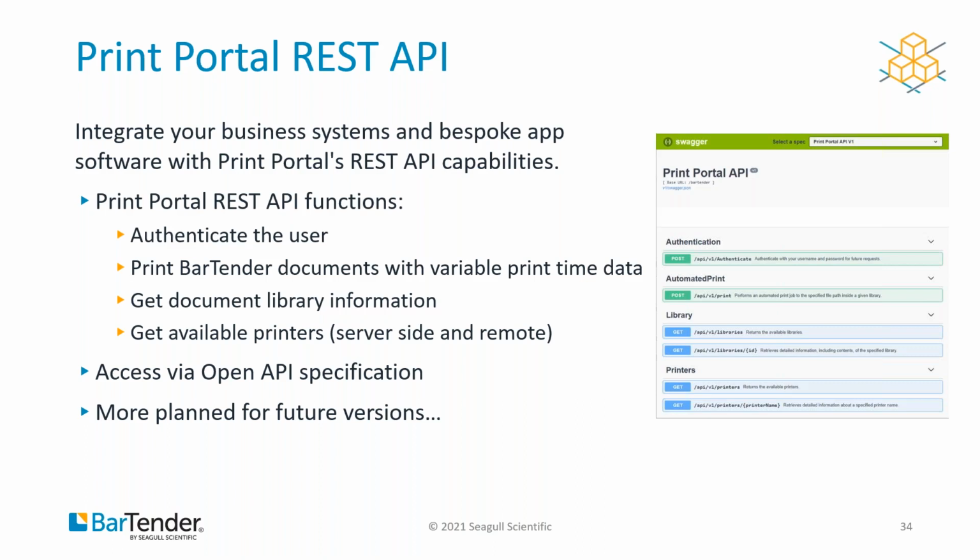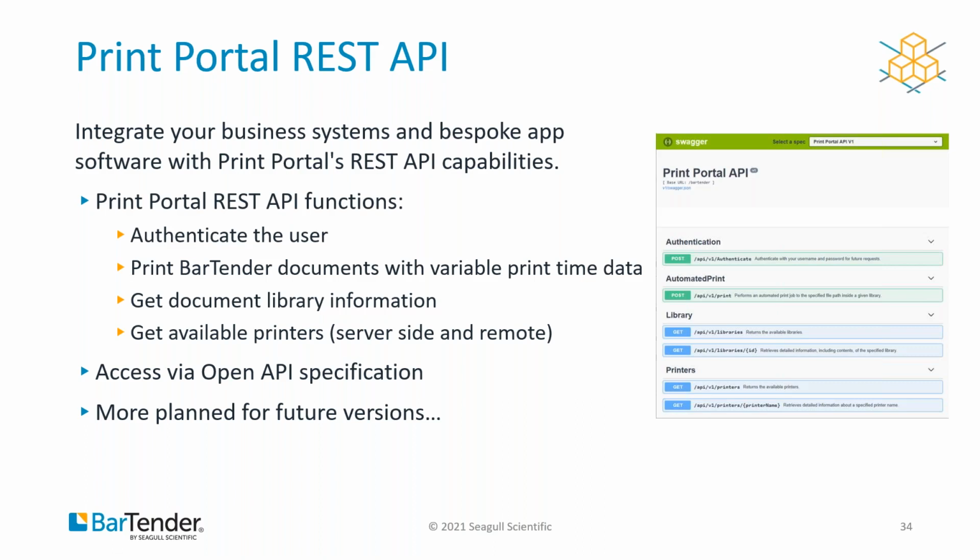So of course, the most important function is to print BarTender documents. And yes, that can include printing BarTender documents with variable data, where that variable data is sent as part of the request.